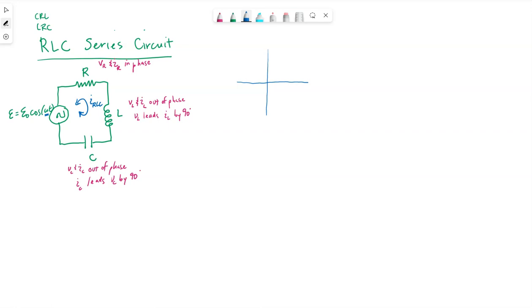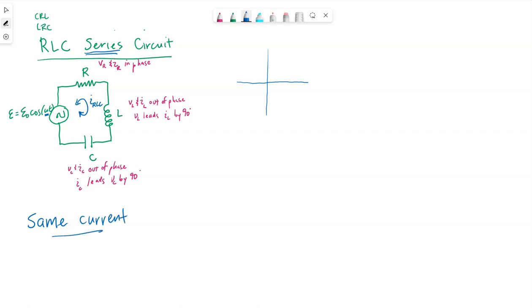Now, to do this in the simplest way that I can think of, I first want to come back to my circuit for a second. My series circuit, if we think back to, say, resistors in series. Now, I know these are not all resistors, but in series, they all have to have the same current.